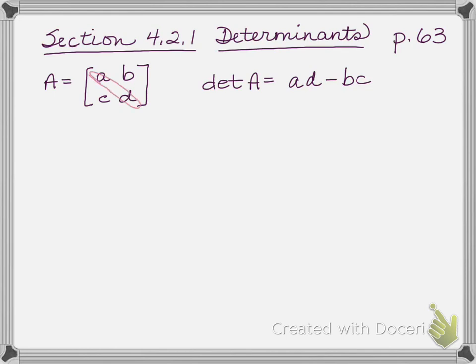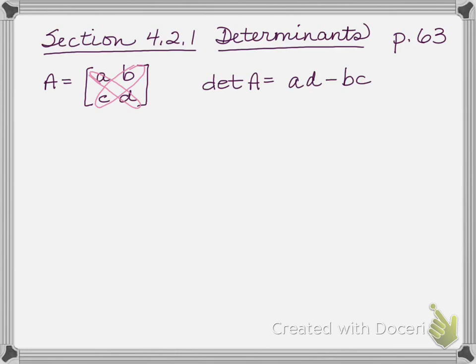Multiply those two, get an answer, multiply those two, and subtract that number from the previous answer. Again, this answer you get is going to be a representative number of your square matrix.